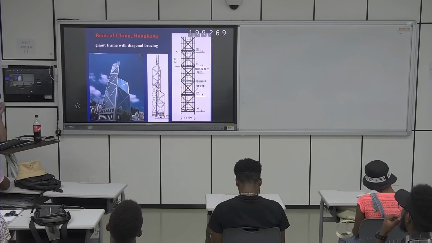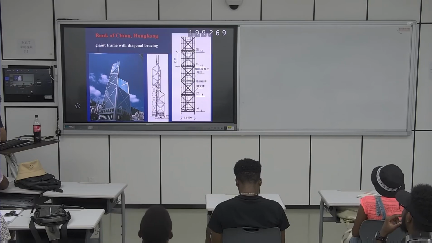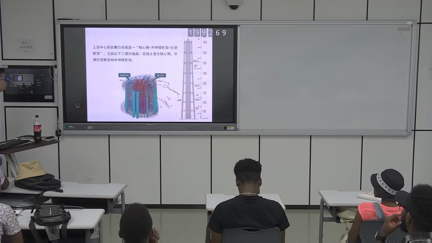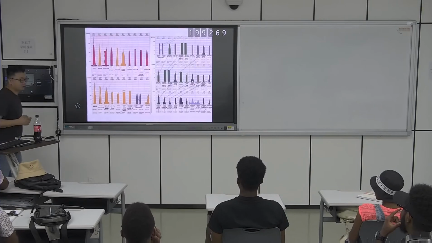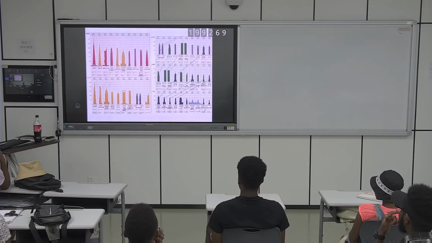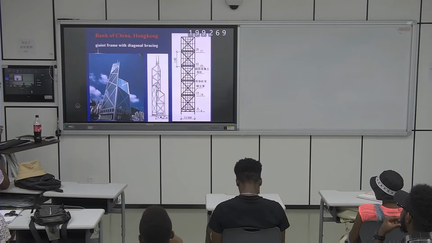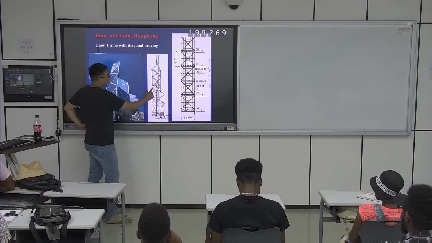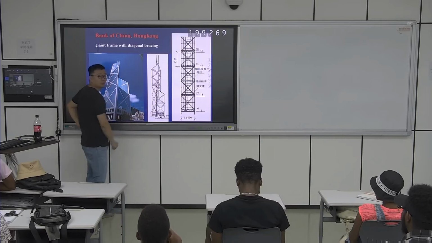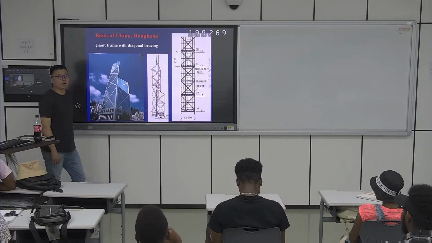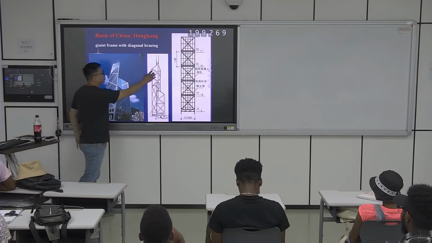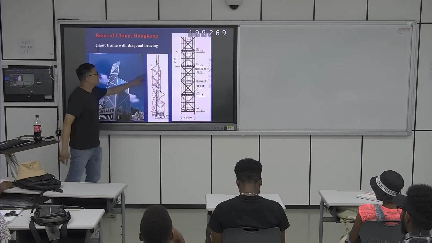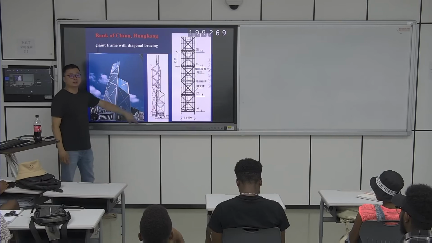And the Bank of China in Hong Kong also has a steel structure. Why did I choose these pictures? I want to show you something in the steel structure. In the steel structure, you can see a lot of these braces. What is this called? Why do we arrange this on the side of this building?